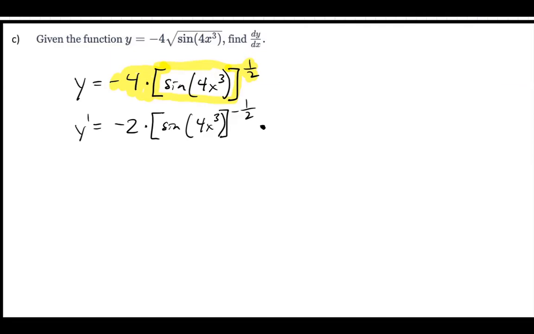Then from the original, where that's yellow, I move inside 1 power, or inside 1 function. That'll be this guy here. Okay, and not the 4x cubed yet. That's last. Okay, so once I get that, what is the derivative of sine? Cosine. Yep, cosine.